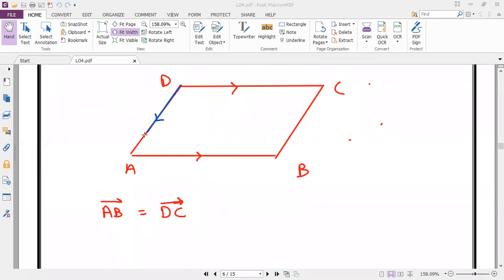We moved from D to A. So the vector DA is the same as the vector, don't say BC, you write CB. Do you know why? Because they have the same direction and they have the same magnitude.